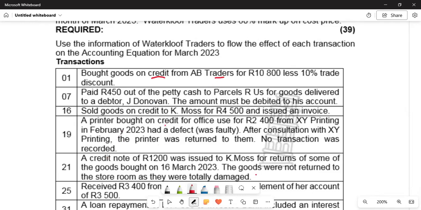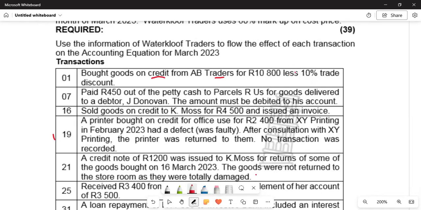So now we want to know which account is going to be debited and which account is going to be credited. Very important to take note of. And then the effect of the transaction on the accounting equation. As we are told, those goods were bought from AB traders with less 10% trade discount.